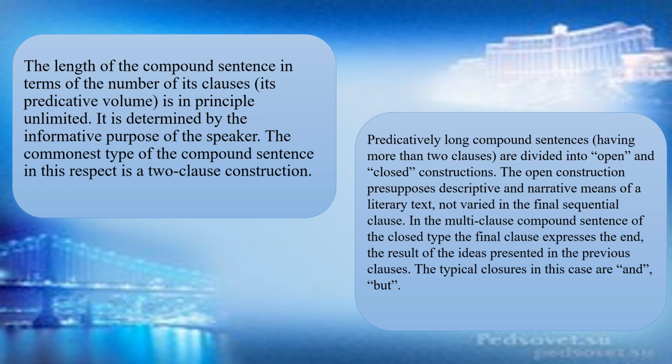The open construction presupposes descriptive and narrative means of a literary text, not varied in the final sequential clause. In the multi-clause compound sentence of the closed type, the final clause expresses the end, the result of the ideas presented in the previous clauses. The typical connectors in this case are and, but.